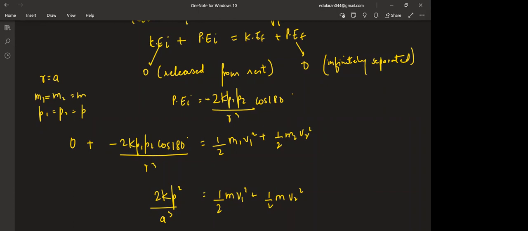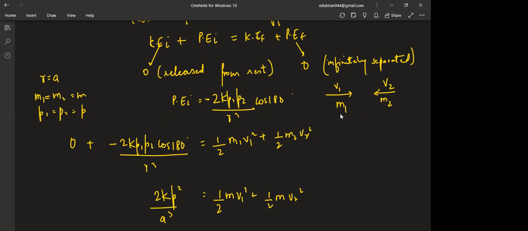Ma'am, can you explain the half m1 v1 square plus half m2 v2 square? See, you have one dipole whose mass is M, and its velocity is something. Let's say this is m1, m2, v1, v2. Initially kinetic energy is 0 because it is given at rest.